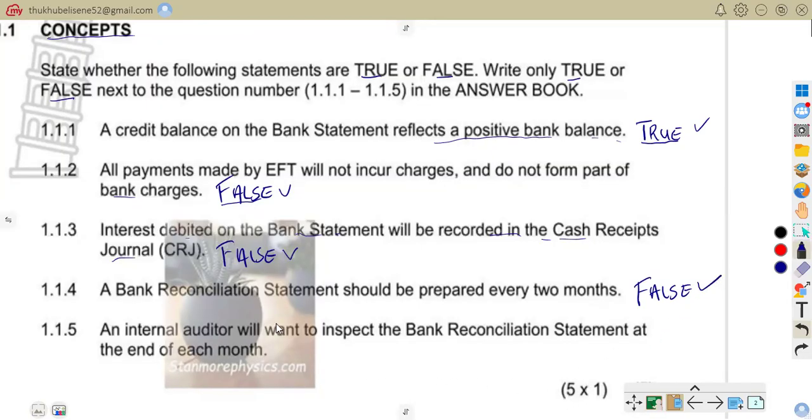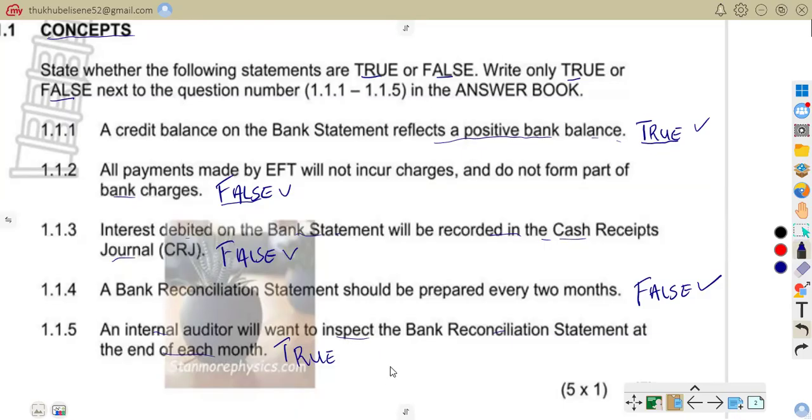Let us move on to 1.1.5, which says an internal auditor will want to inspect the bank reconciliation statement at the end of each month. The correct answer there is true. The auditor checks monthly.